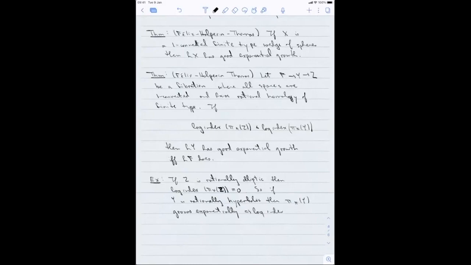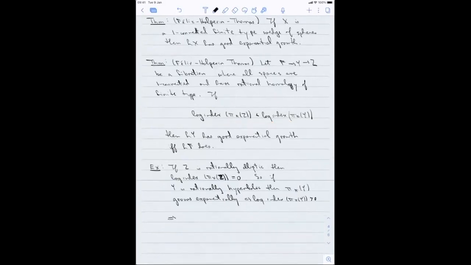So we have log index that's strictly bigger than 0, and that means we're in a position where this inequality is satisfied. So the free loop space on Y has good exponential growth if and only if the fiber does.